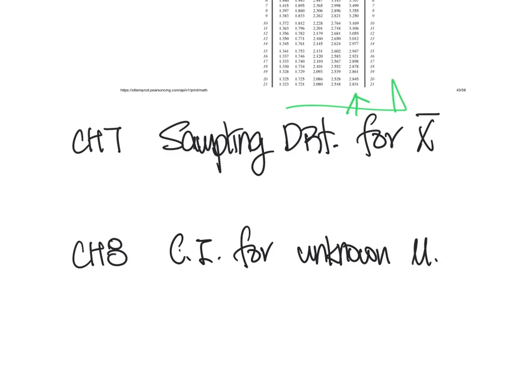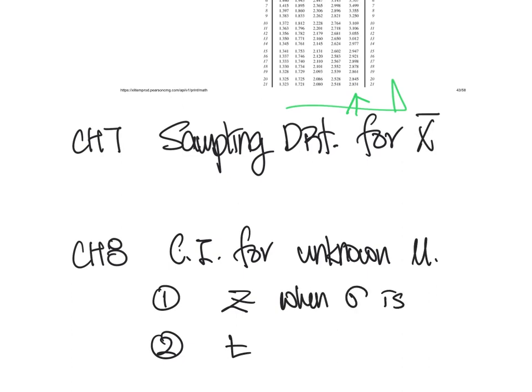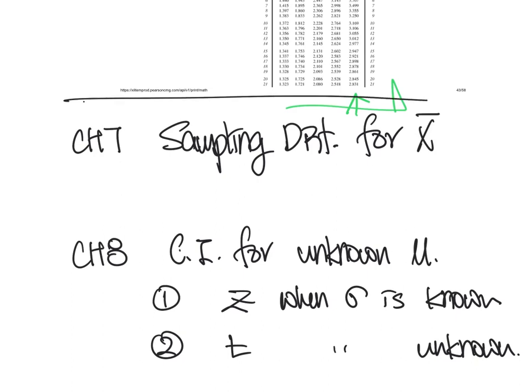And actually it has the two topics. It's using the Z, using the T. When sigma is known, or is unknown, right? So it is the review homework. The first review homework is from chapter 7 and chapter 8.